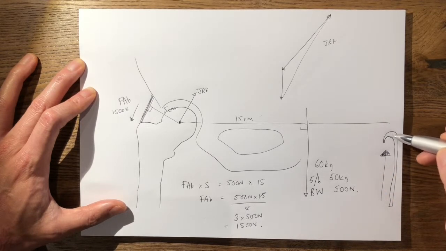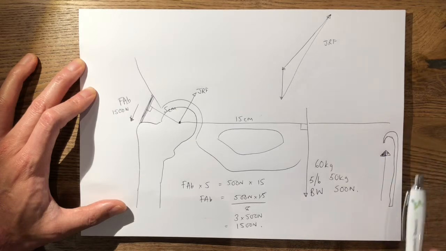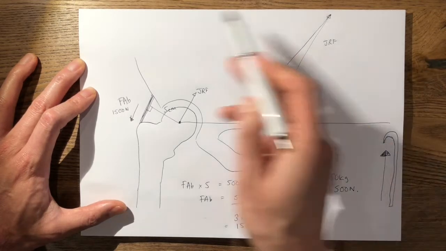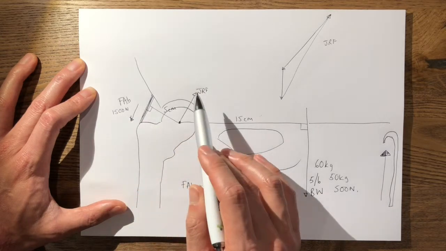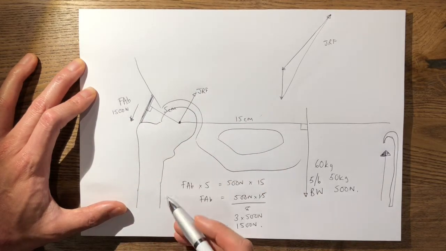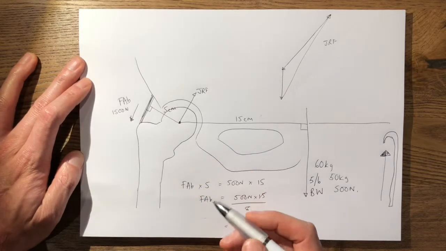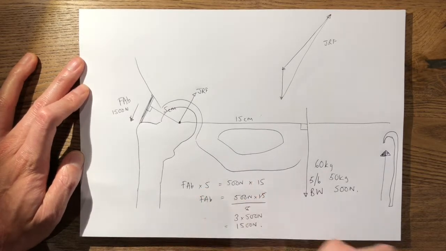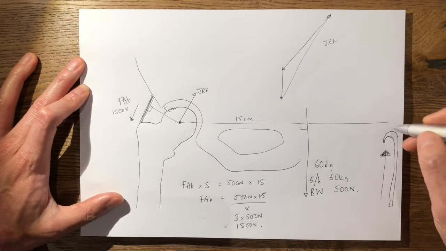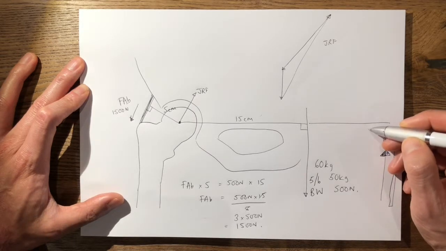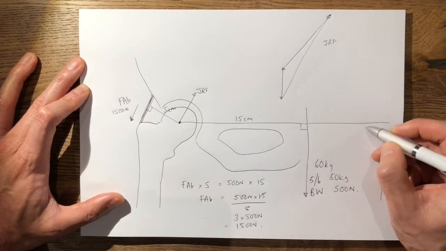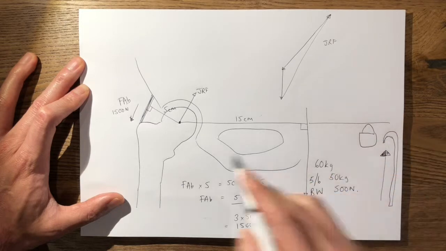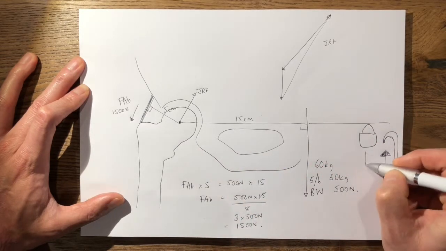So if you put a stick down to the ground, you essentially are creating an anti-clockwise moment, helping your abductors and therefore reducing your joint reaction force. Similarly, if you were to hold a heavy suitcase in your opposite hand, this would significantly increase your joint reaction force because you're adding to your clockwise moments.